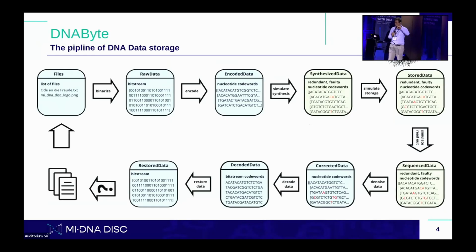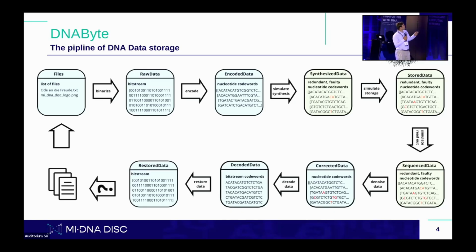Now, here is an illustration of the pipeline of the DNA data storage process. You've all seen this a million times, and that's exactly the point I'm making here. The pipeline is always the same.